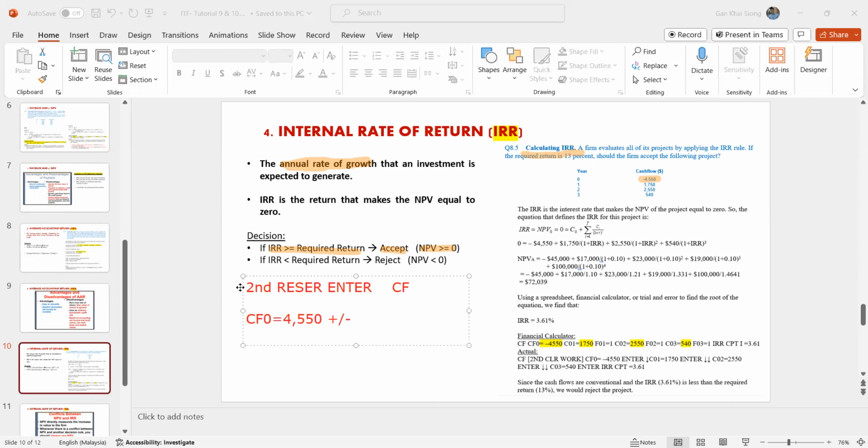Then C01, in year 1, you receive how much? 1750. You receive this cash flow only one time, so the frequency equals 1 as well. After that, C02 is 2550, and the frequency is 1.